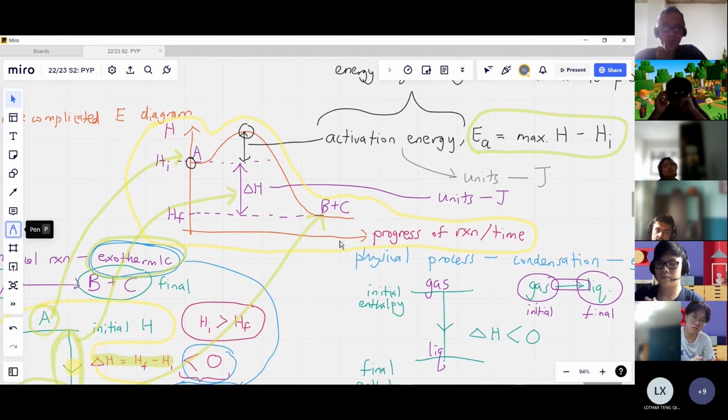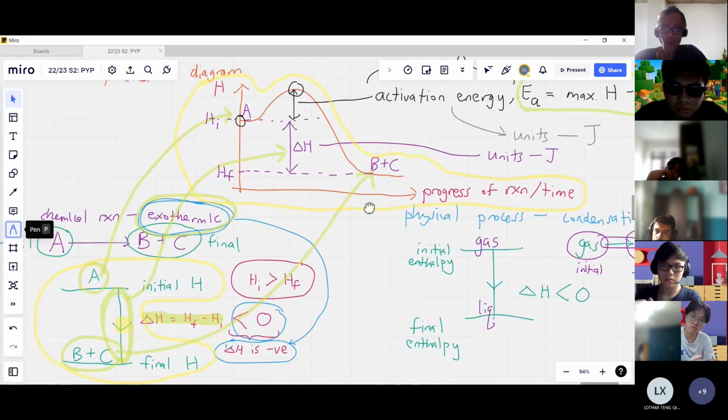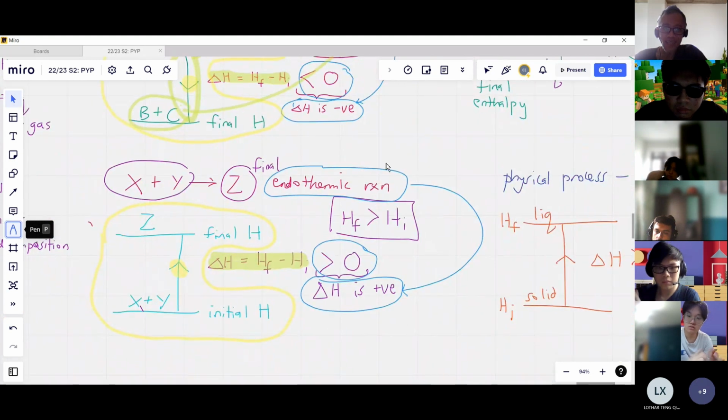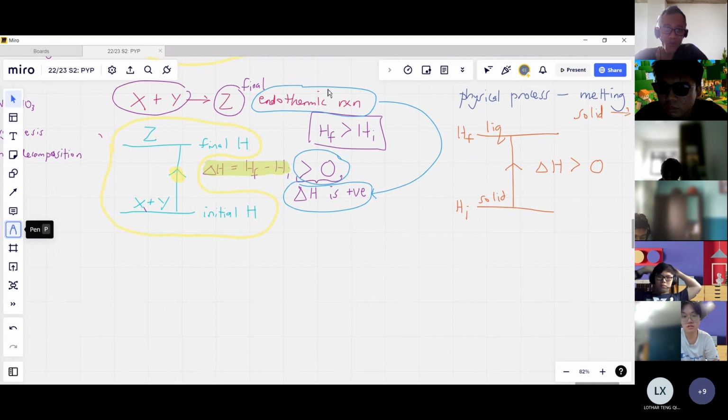Okay, the only uncertainty for your exam is whether the exothermic version is coming out, or the endothermic version. I don't think both versions are going to come out at the same time. So yeah, you have no choice. You have to learn both. Okay, let's go to the endothermic version.